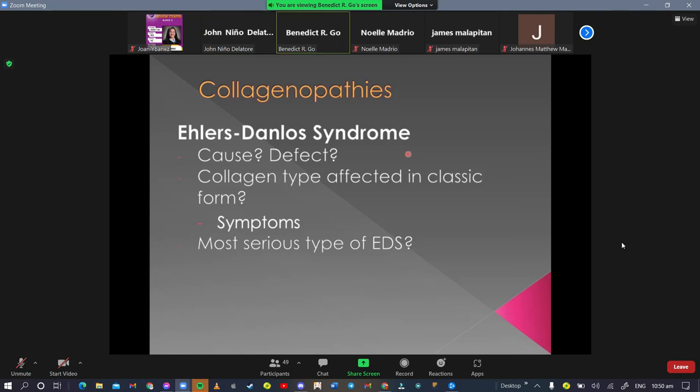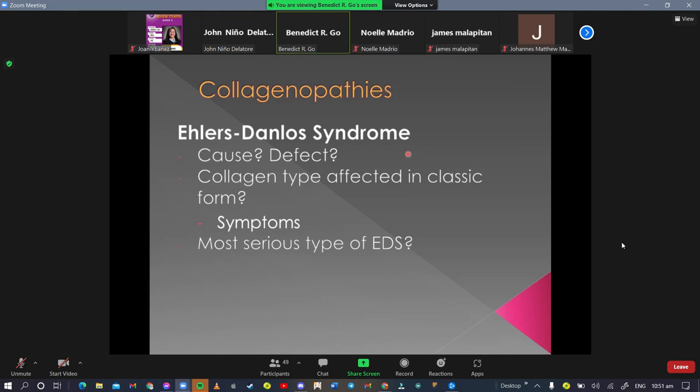So you're supposed to know the cause and the defect biochemically, and the collagen type affected in your classic form. The symptoms we'll try not to focus on more since you're first year; focus more on the cause and the defect. Later, your symptoms in more detail, but it's nice to know, and the most serious type.